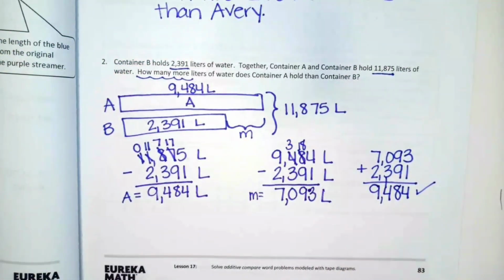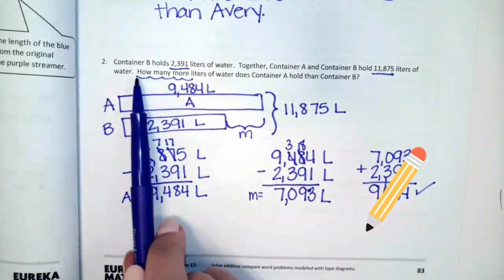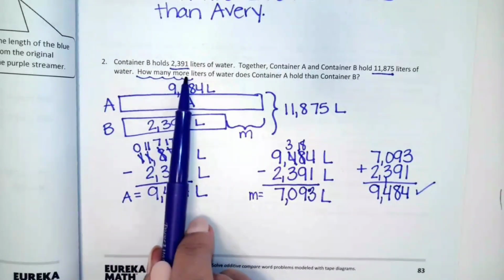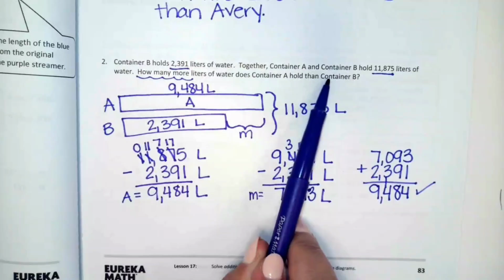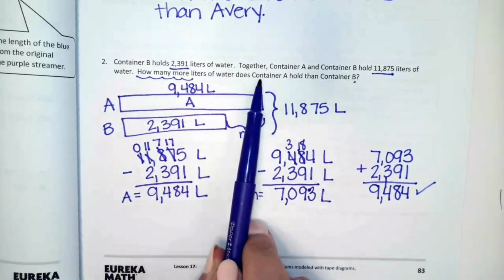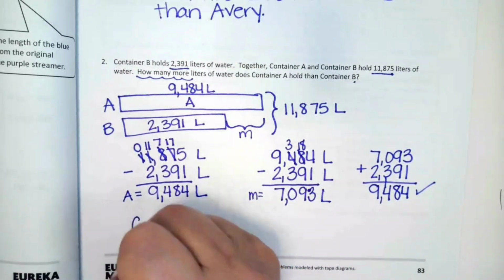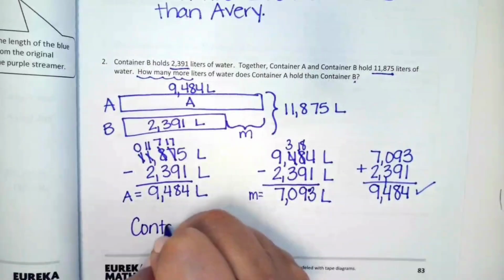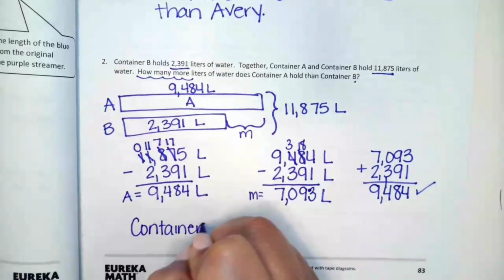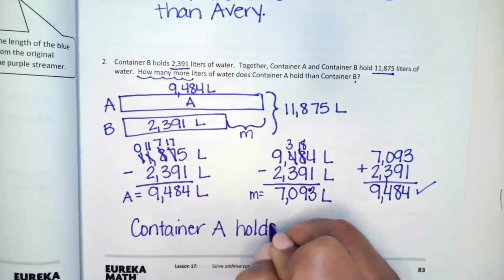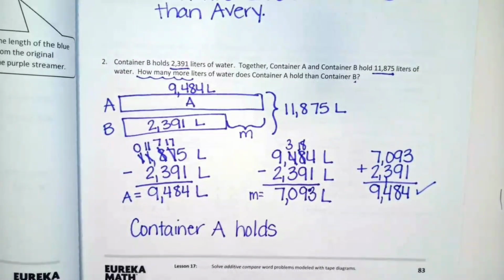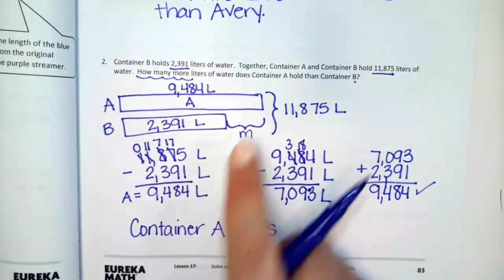Now we will write our answer statement. We need to answer the question, how many more liters of water does container A hold than container B? So we're talking about container A. Container A holds how much more? Remember, M was for how much more?